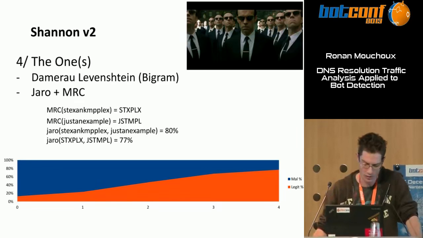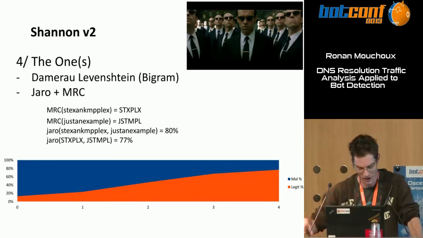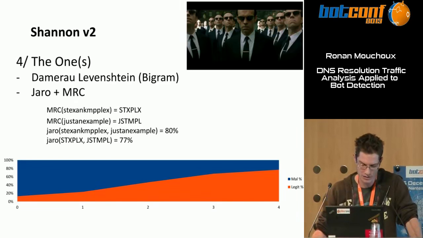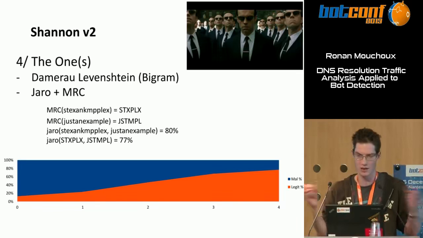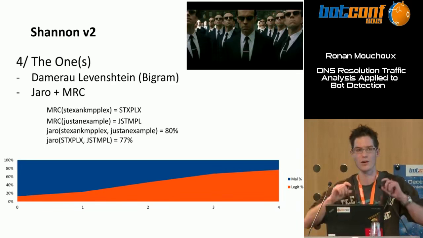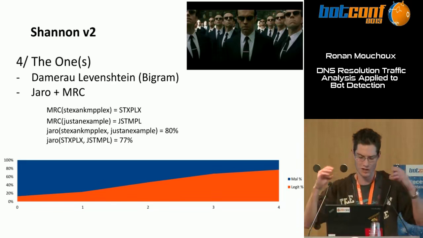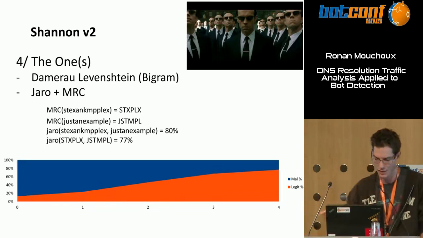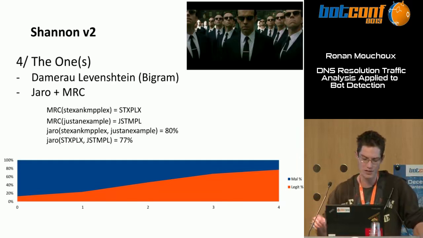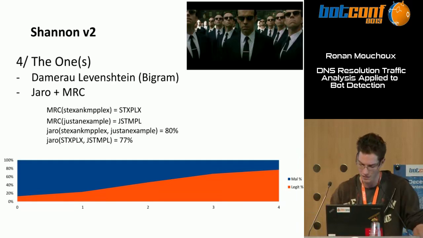I use Jaro combined with Match Rating Codex. Match Rating Codex takes a string and gives a kind of abstract of the pronunciation of the string, and it gives different results than just the Jaro distance, and the segregation was not so bad.